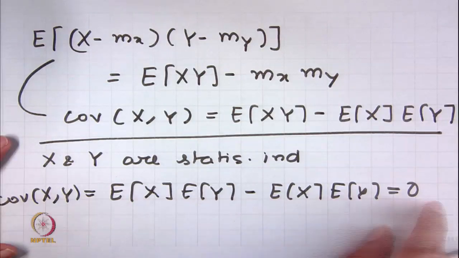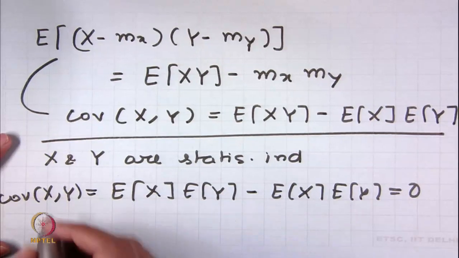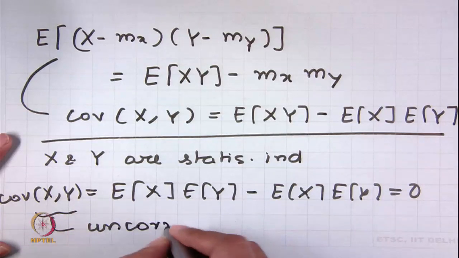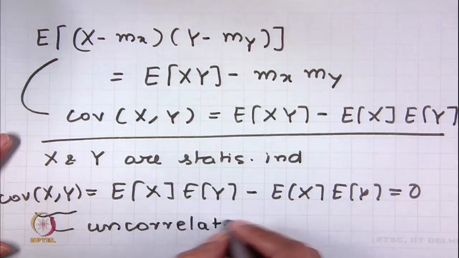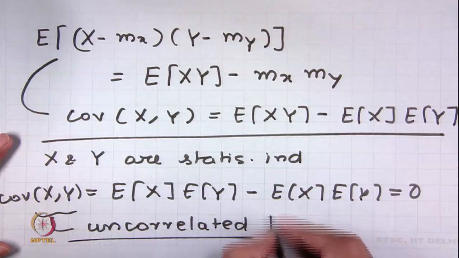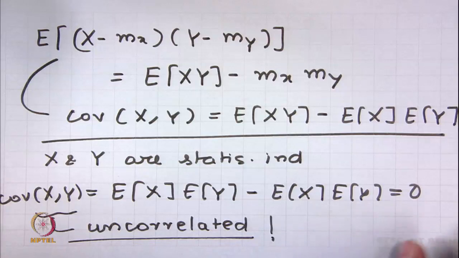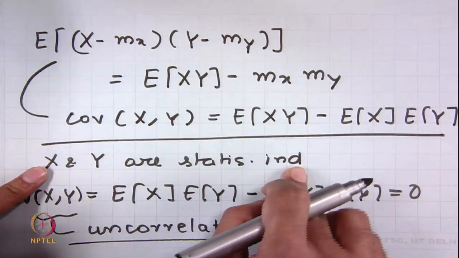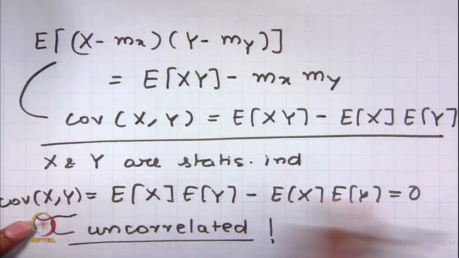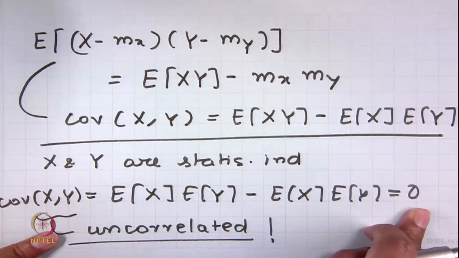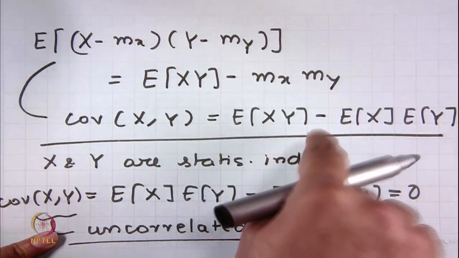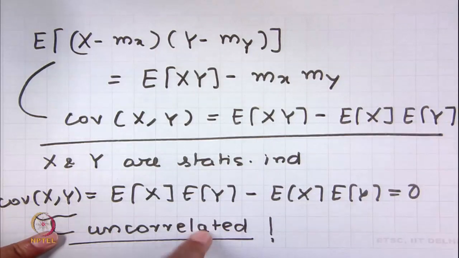If the covariance of the two random variables is 0, we say that these two random variables are uncorrelated. That is very important. So, if the two random variables are statistically independent, the covariance becomes 0, and if the covariance becomes 0, then the random variables are referred to as uncorrelated random variables. That means, statistically independent random variables are always uncorrelated.